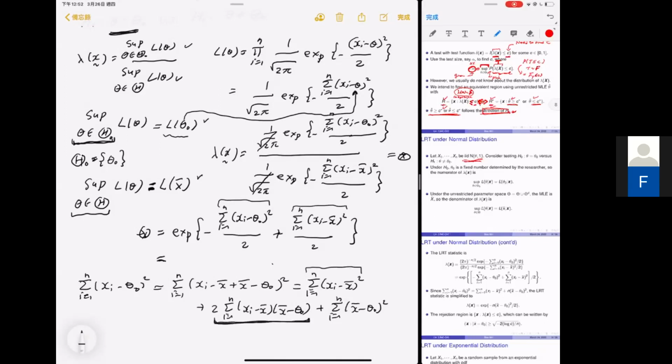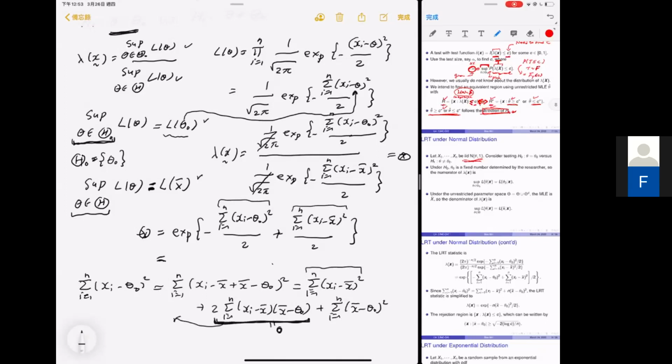You saw that before actually. This guy eventually is 0. Why is it 0? Let me write it down somewhere. What is this guy?